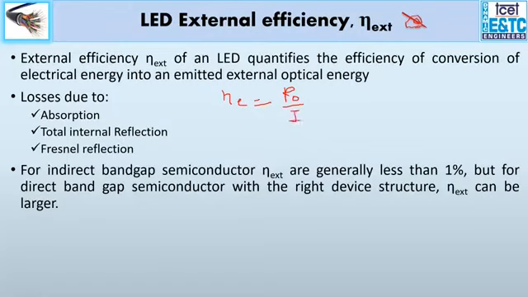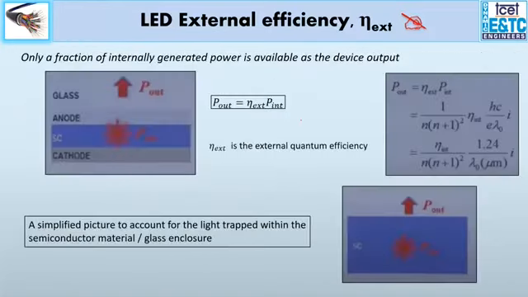The losses here will be due to absorption, total internal reflection, and Fresnel reflections when the light comes out of the device. For indirect semiconductors, eta external is generally less than 1%, but for direct band semiconductors with the right device it can be larger. We can have a larger efficiency being obtained.